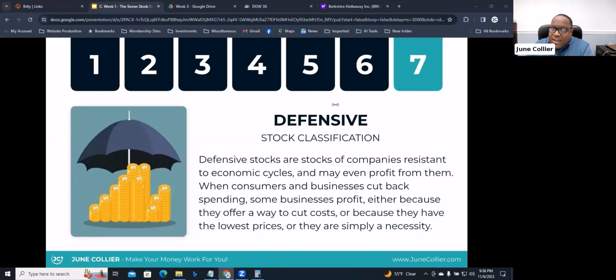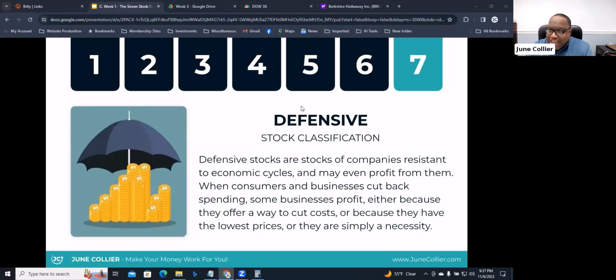How about you got to fill up your car with gas? Gas station companies, right? You got to do that. Electric companies, you got to have some lights when you flip on the lights in your house. You got to have some gas to warm up your house. So these are what they call defense companies. These are going to be your Procter and Gamble, your cereal companies, anything that is sold inside the grocery store, which is normally Procter and Gamble.